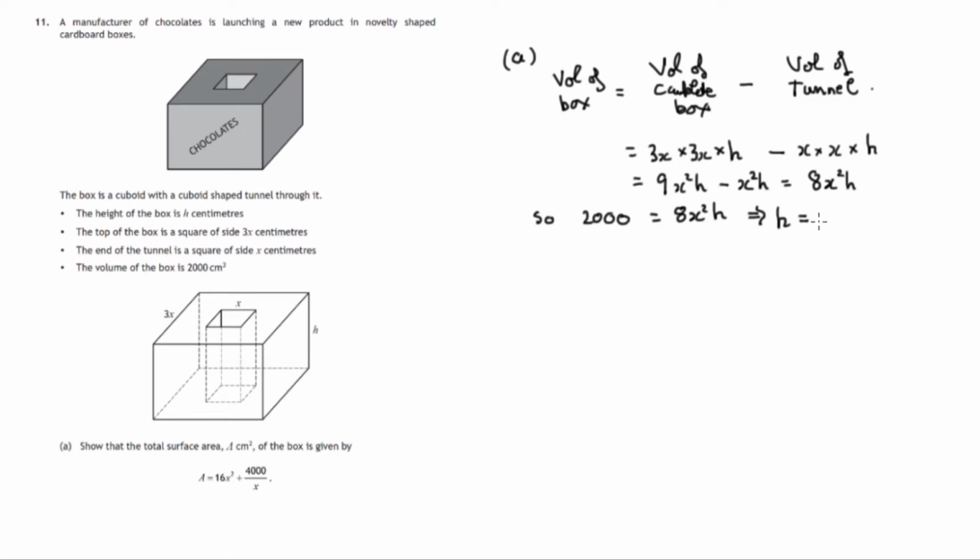If we divide both sides by 8x squared, and there's a bit of cancelling that can be done, we end up with 250 over x squared. There's 8 lots of 250 make up 2000. So it's 250 over x squared. That's an expression for h.